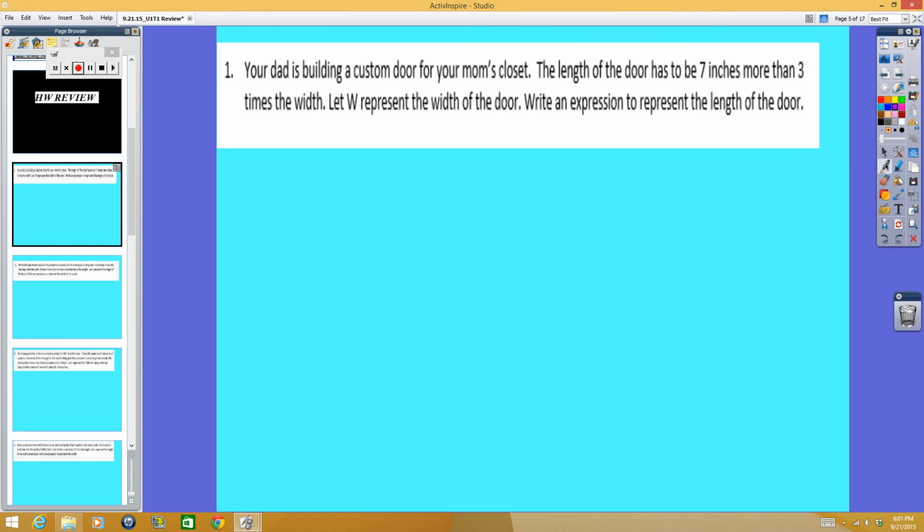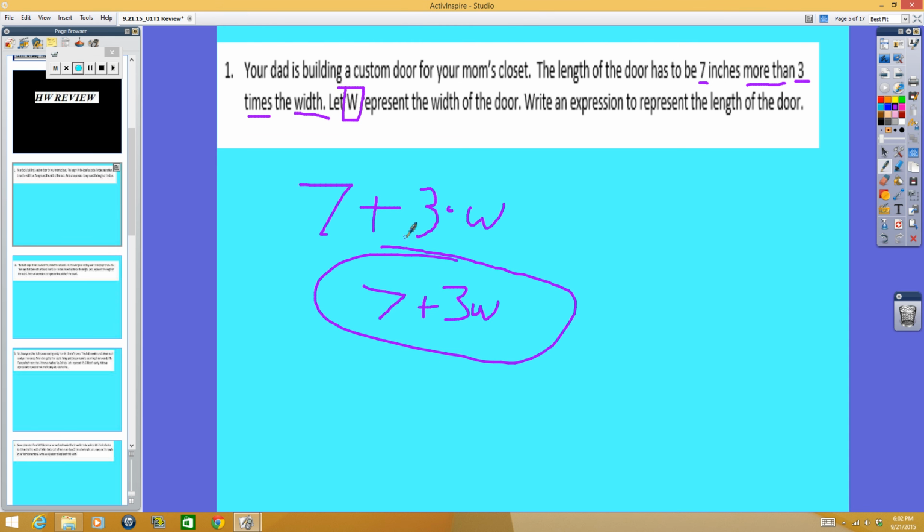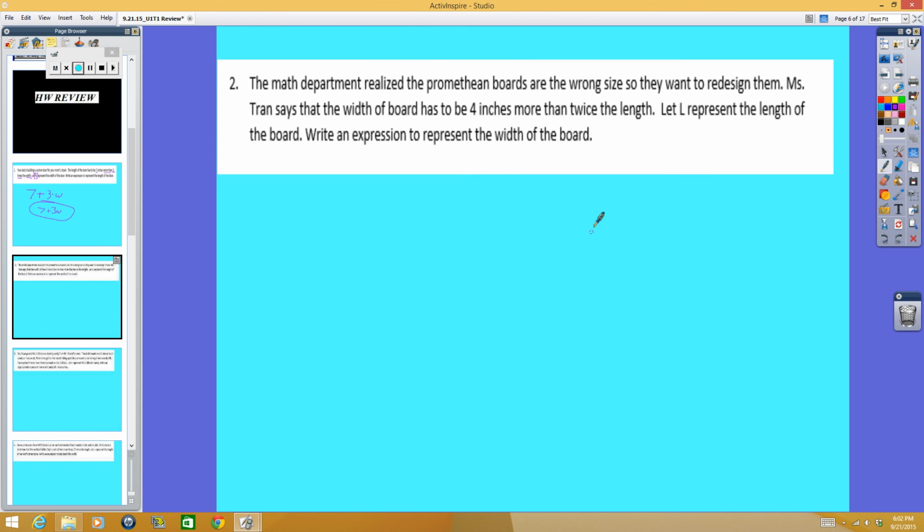I'm going to fly through this, just review it, because you guys have been stellar on this part. 7 more than, 7 more than, 3 times the width, which they tell us is W. Done. And I would prefer if you rewrite it without that multiplication sign. And that's it.